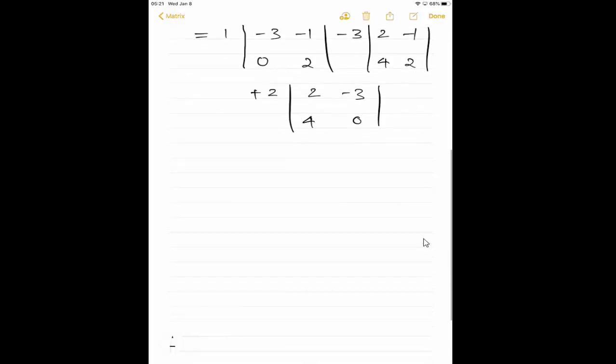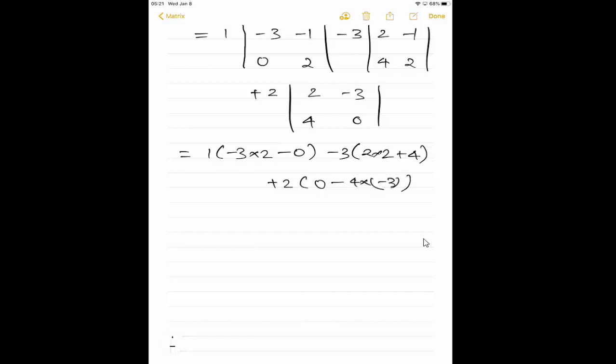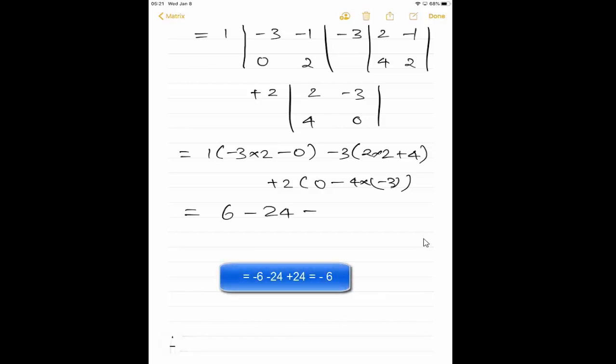The first step is completed, which is equal to 1 into minus 3 into 2 minus 0. Then minus 3, 2 into 2 minus minus 1 into 4, then plus 2 into 0 minus 4 into minus 3, which is equal to 6 minus 24 plus 24 equal to minus 6.